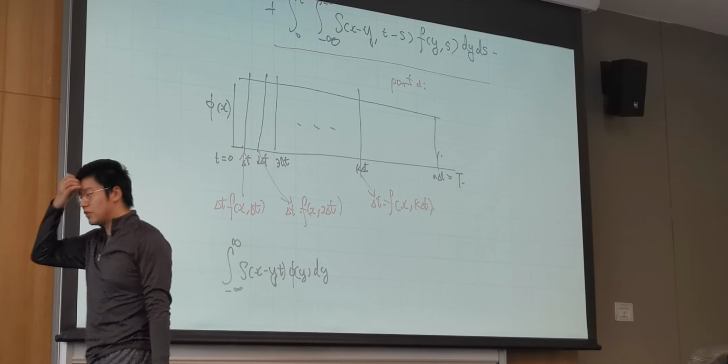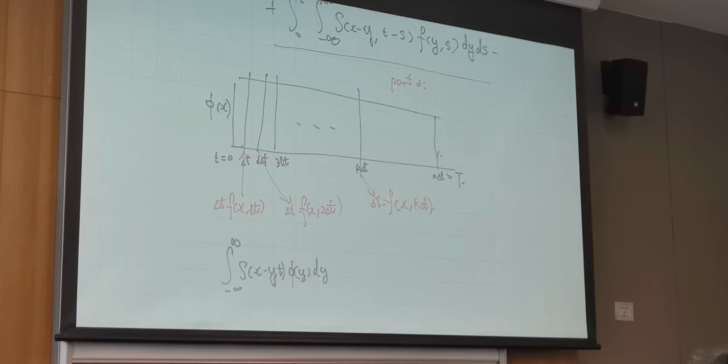That means that at time t, for any distribution entered, let's say at x, k delta t, at time k delta t, then at any time point t, the diffusion time it has experienced is going to be t minus k delta t.